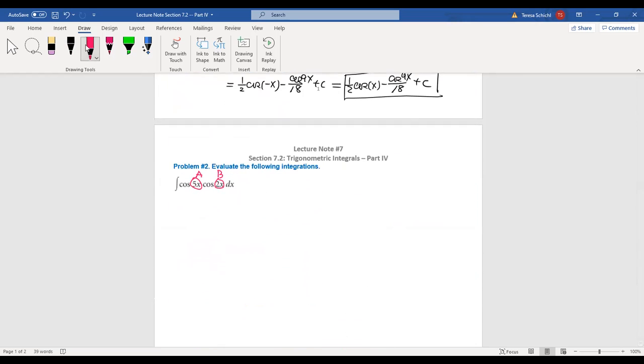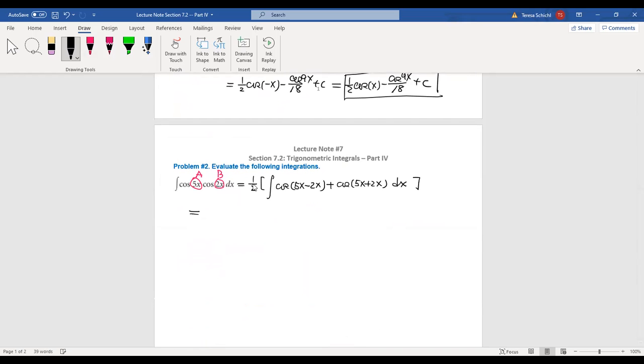So let's rewrite this. This is 1/2, cosine A minus B, so it's 5x minus 2x, then plus cosine A plus B, so it's 5x plus 2x here, dx, right?